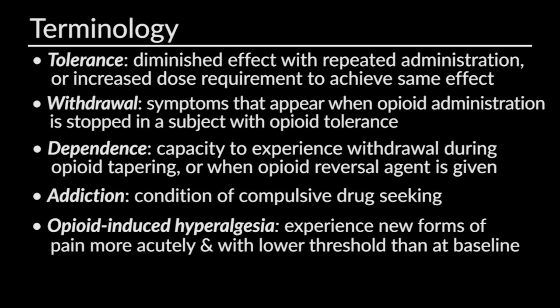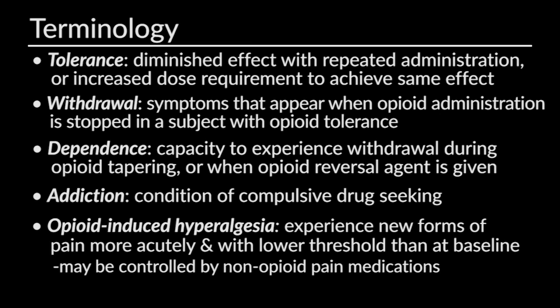It is not clear what factors make this happen for some people more than others or how common it is, but opioid-induced hyperalgesia should be considered in those situations when patients show hypersensitivity to new forms of pain as well as reduced responsiveness to analgesics. A number of non-opioid pain medications may help to reduce or to reverse opioid-induced hyperalgesia, and they may be considered in these situations.